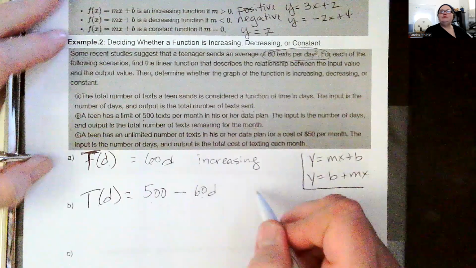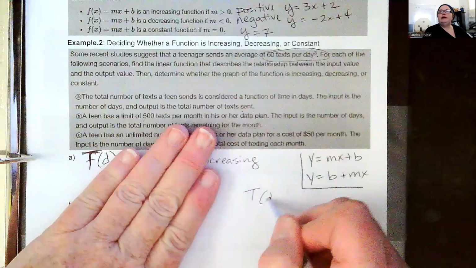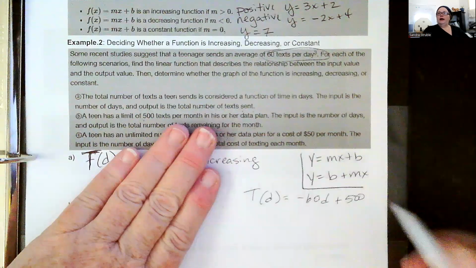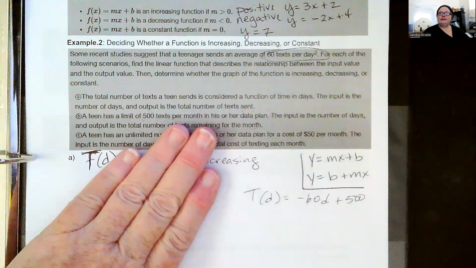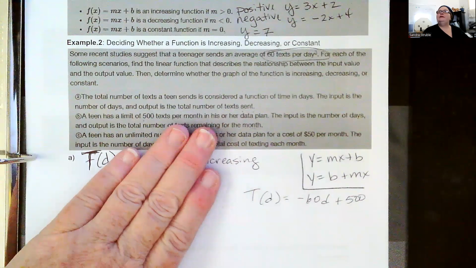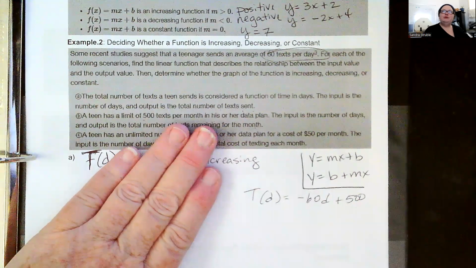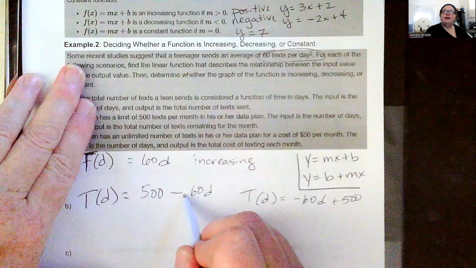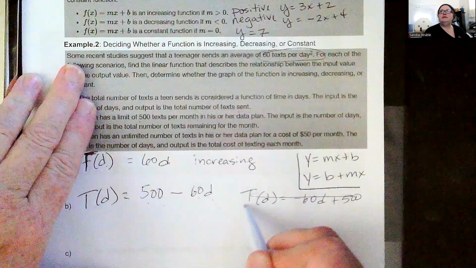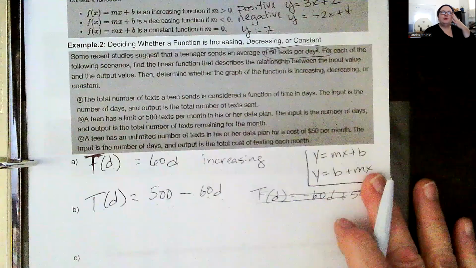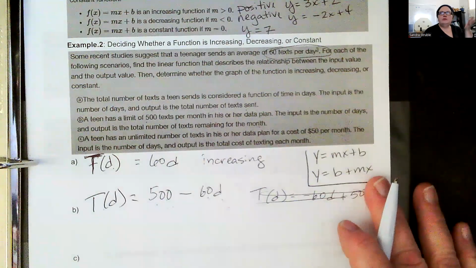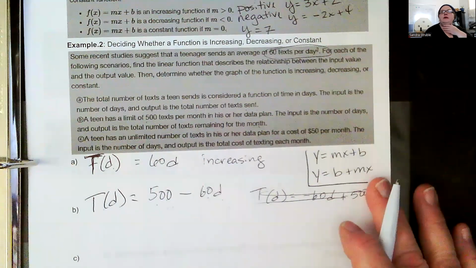If I were to tell you T of D is equal to negative 60D plus 500, that means we're subtracting 60 texts per day and adding 500. To me, it doesn't go as smooth as saying, hey, we start off with 500 and we're subtracting 60 per day. That makes more sense to me as far as reading it. Remember, math is just a language. So write it the way you understand it.